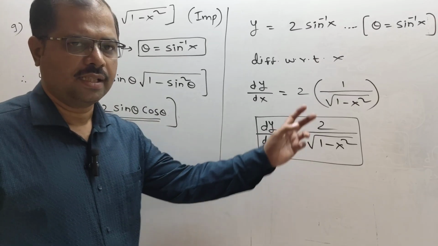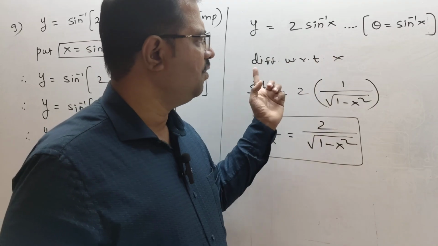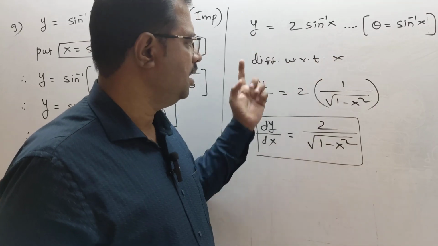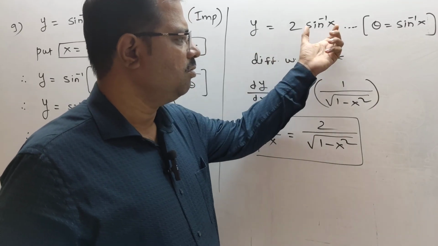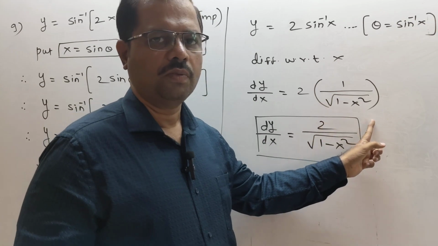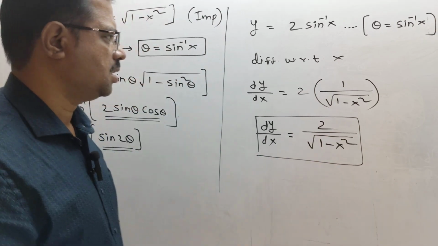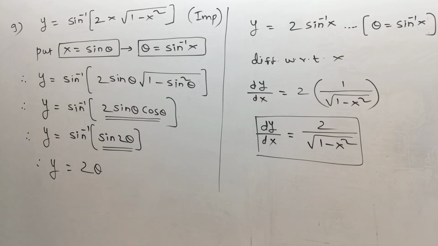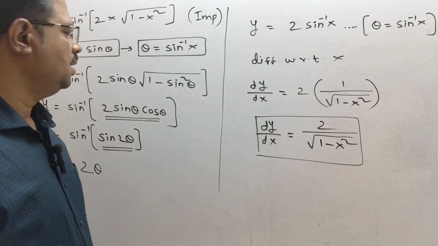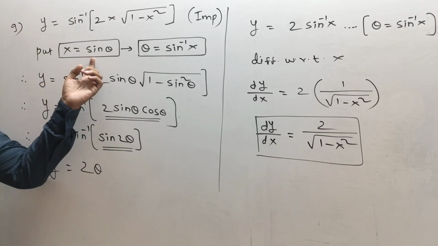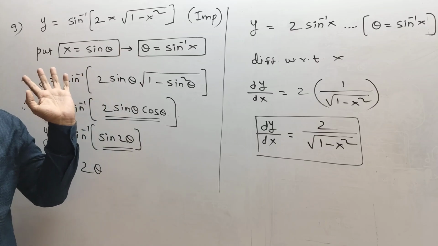Replace theta as sine inverse of x, differentiate with respect to x: dy by dx, 2 into derivative of sine inverse x, 1 upon root 1 minus x square, 2 into 1, 2 upon root of 1 minus x square.